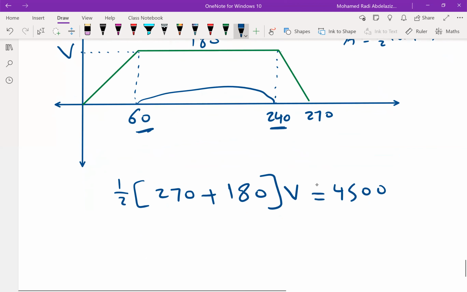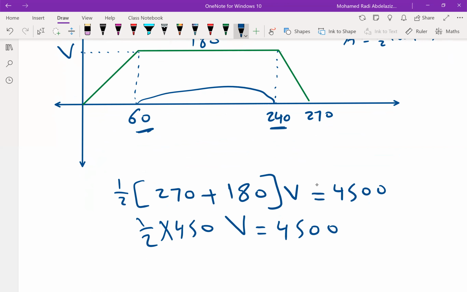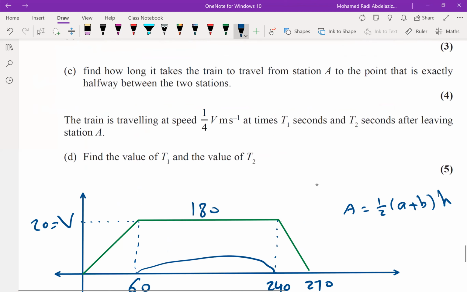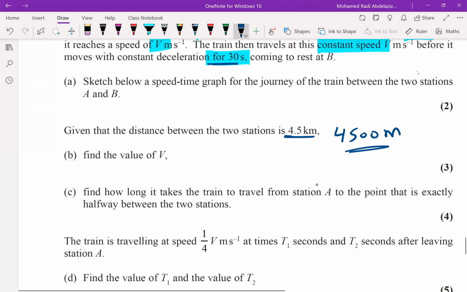By solving this equation, 270 plus 180 is equal to 450, times half times V is equal to 4500. So 4500 divided by half of 450, the answer for V will be 20. So now the velocity is equal to 20. That finds the value of V.